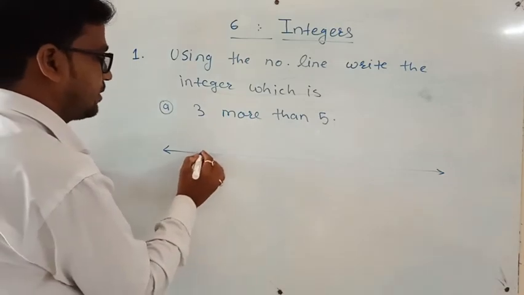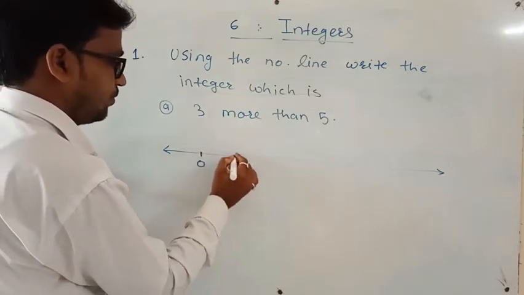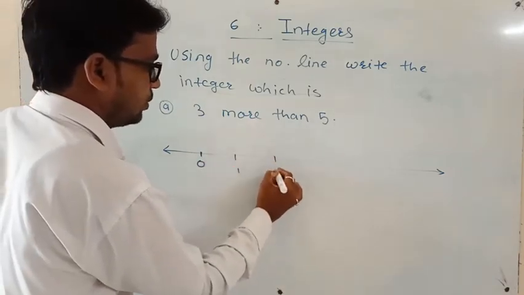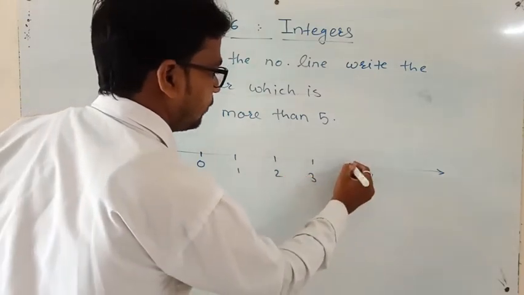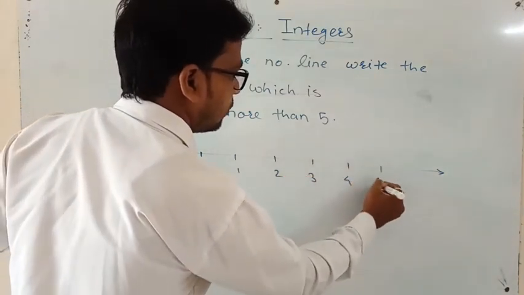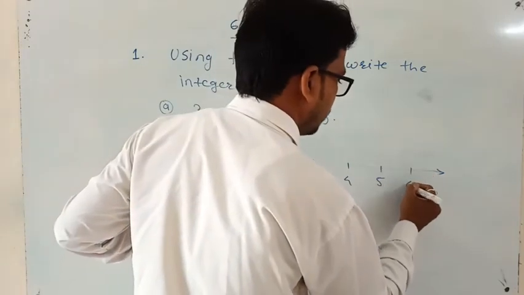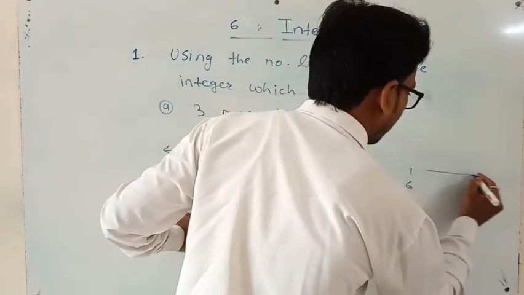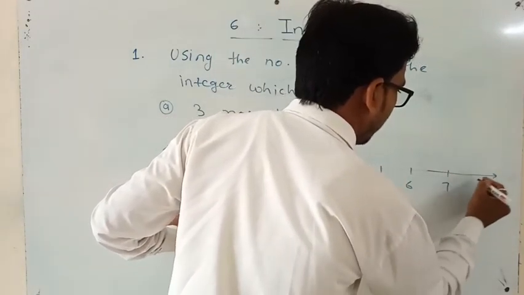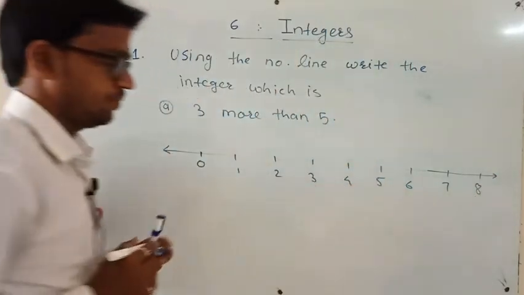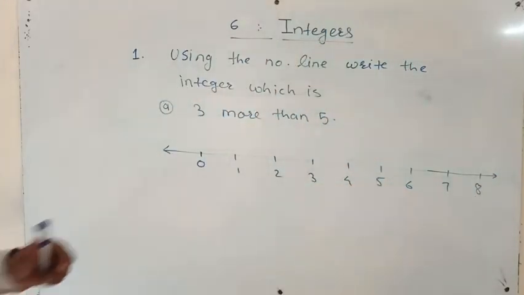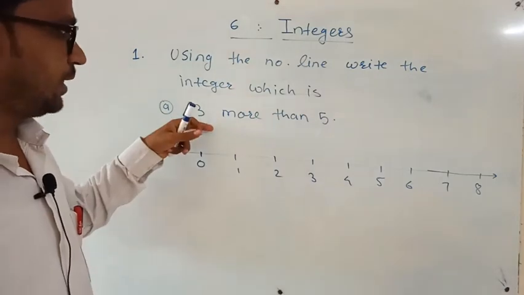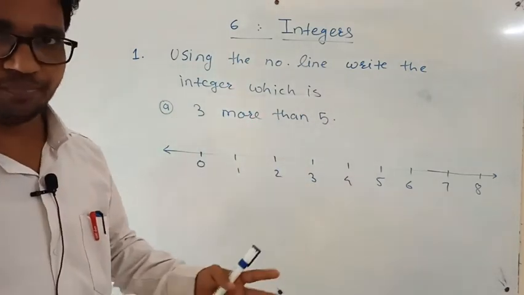Okay, so we can start here from 0, then 1, 2, 3, 4, 5, 6, 7, 8. Okay, so now see the question is 3 more than 5.